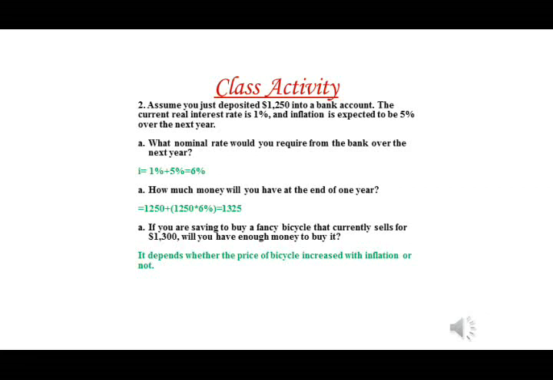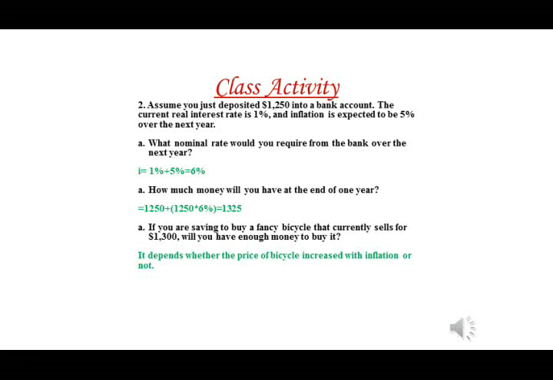First, what nominal rate would you require from the bank over the next year? Of course, you know that the nominal interest rate will equal the real interest rate plus the inflation rate. It's 1% plus 5%, so it would be 6%. How much money will you have at the end of 1 year?